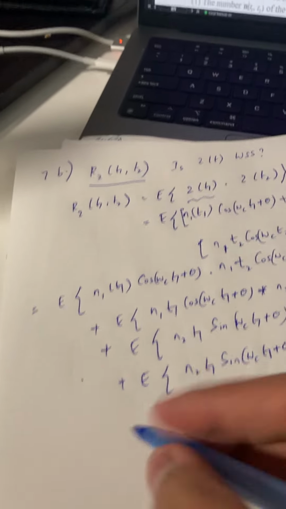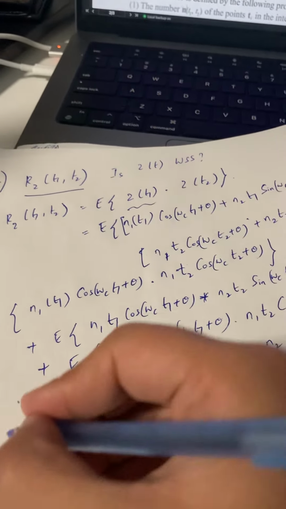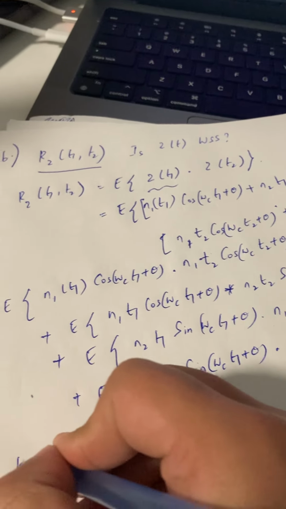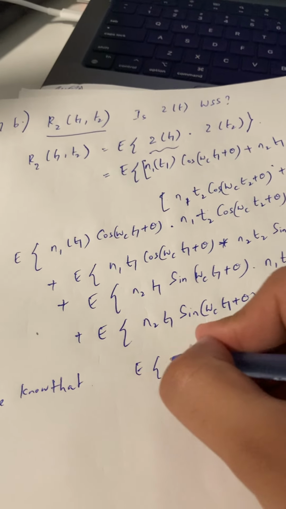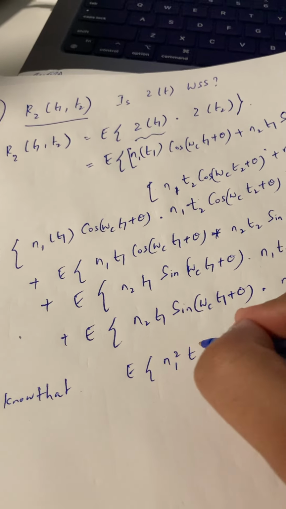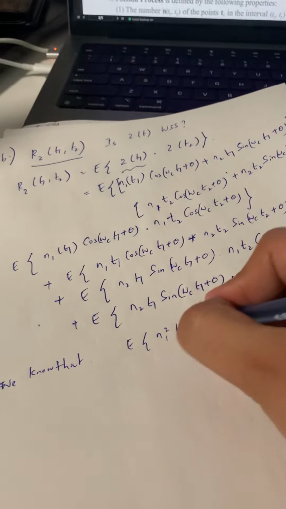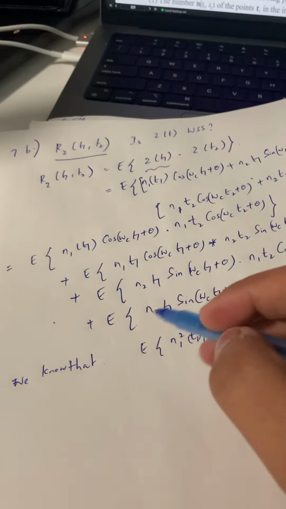Let us now simplify these equations. We know that E of n1 of t1 n1 of t2 is Rn1 of tau, and similarly we can apply this to the other equations.